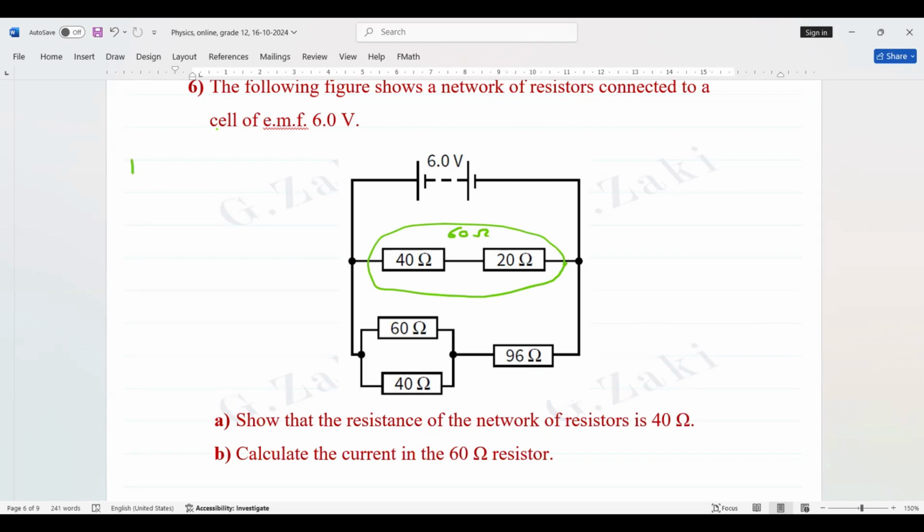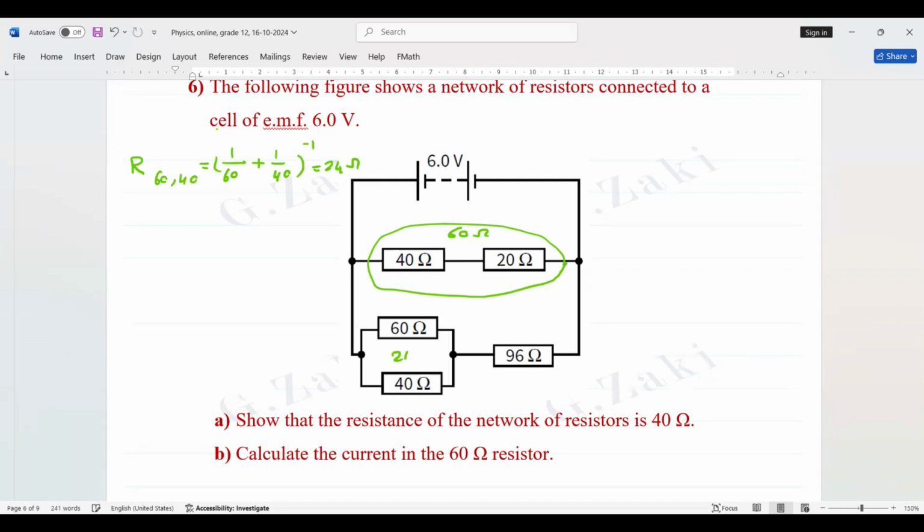Then R of 60 and 40 equals 1 over 60 plus 1 over 40, all to the power negative 1. We use the calculator. The answer is 24 ohms. Then we replace 60 and 40 by 24 ohms.